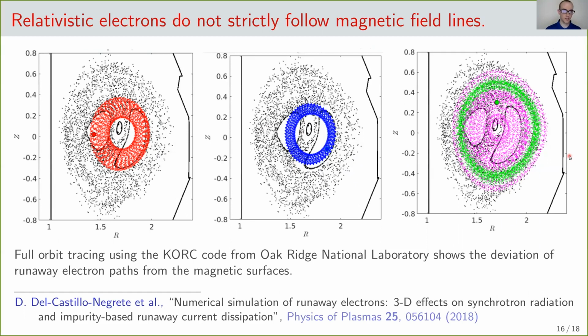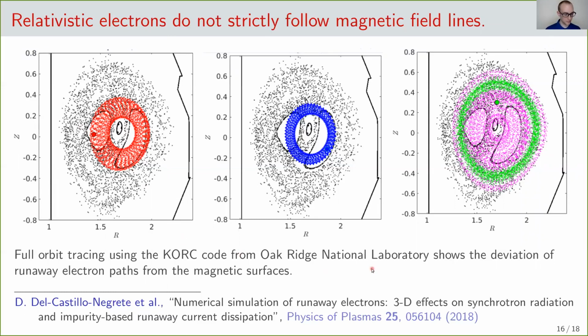We know that particles aren't perfectly tied to field lines. They have gyroscopic motion circling around the field lines, and then this motion can also lead to a drift in the orbit.